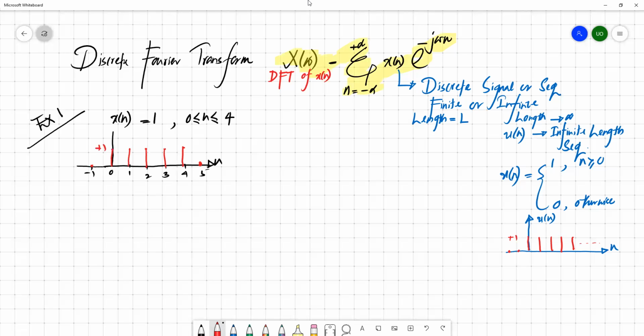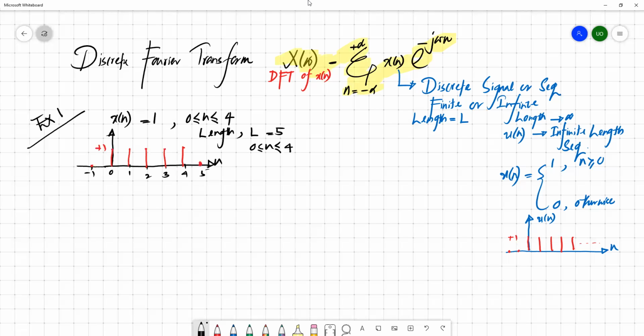So this is the example. The length of the sequence is L equals 5. We have 5 samples, with n between 0 and 4.